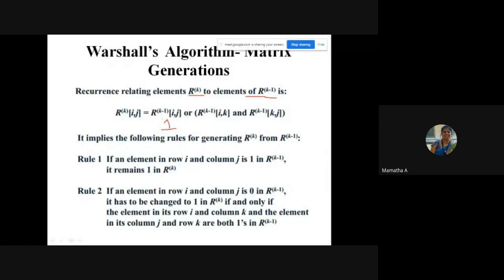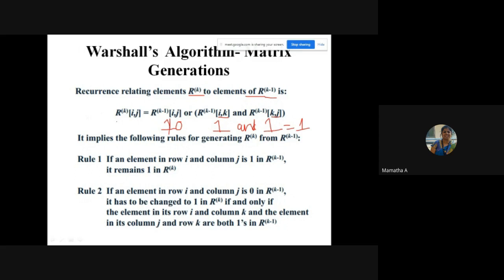If this was 0, meaning there is no path from I to j, then what do I check? I check whether there is a path from I to k, k to j in the Rk minus 1. If there is a path, both will have the value 1 and it is AND, so 1 ANDed with 1 will be equal to 1, meaning there is a path from I to j.